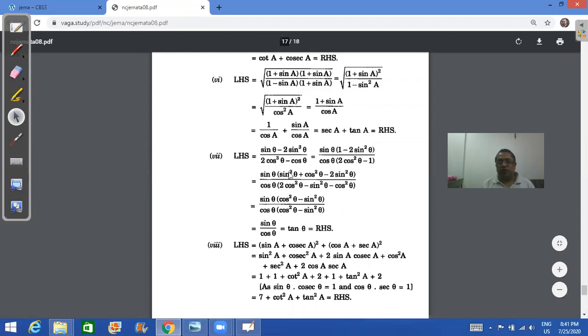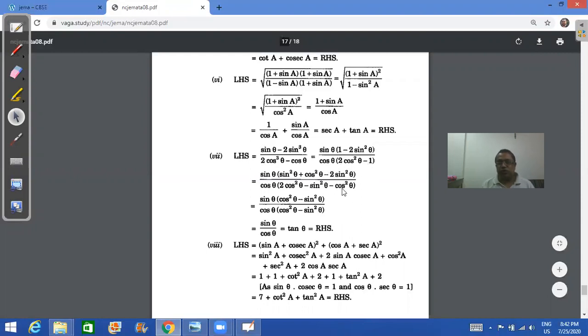Now, instead of 1, we can replace it with sine square plus cos square, right? So the numerator is going to become sine square theta plus cos square theta minus 2 sine square theta. And in the same way, the denominator is going to be 2 cos square theta minus 1, again 1 replaced with sine square theta plus cos square theta. But when there's a negative sign outside sine square plus cos square, what is going to happen?